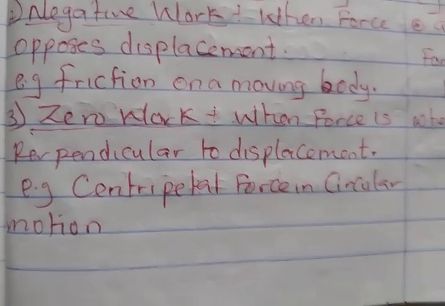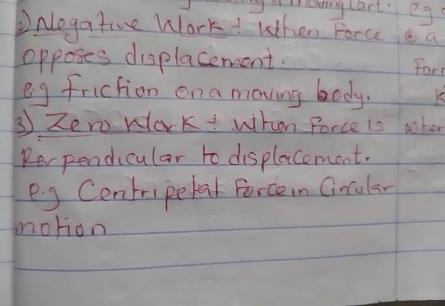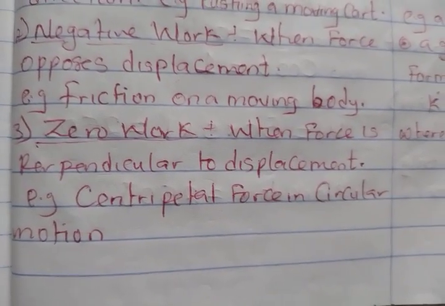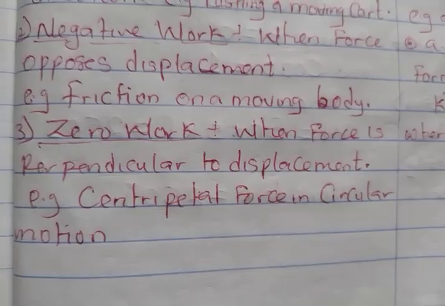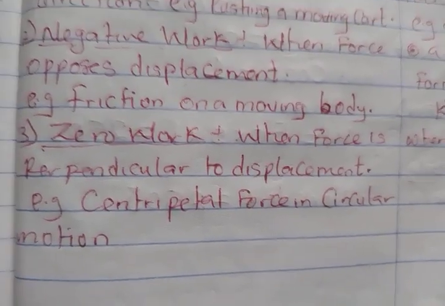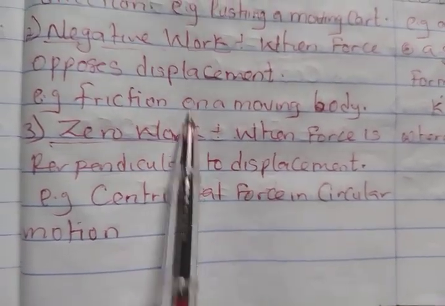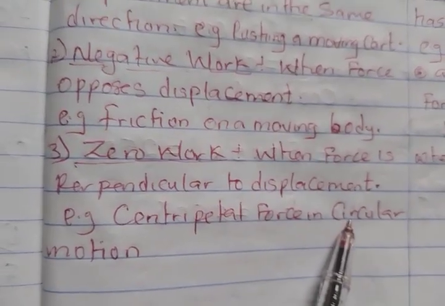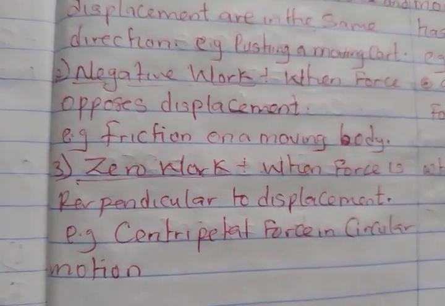There are two types of force in that area, and we'll talk about that in the next coming video, when we talk about the centripetal and the centrifugal force. So an example of zero work is centripetal force in circular motion.